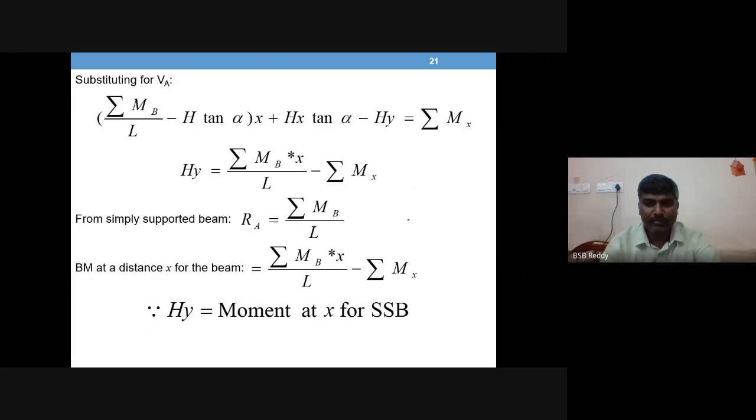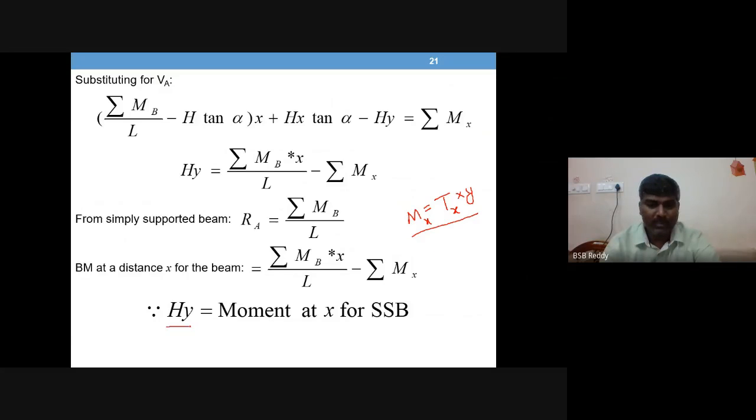M at any location on the beam is equal to the horizontal cable tension at the same point on the cable multiplied by the vertical distance between that point and the line joining the supports of the cable. This is the theorem.